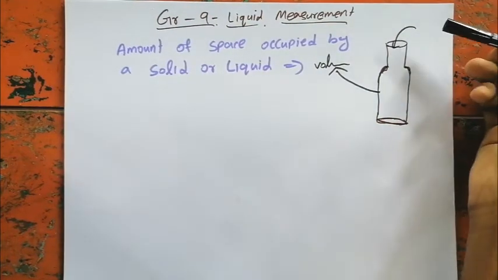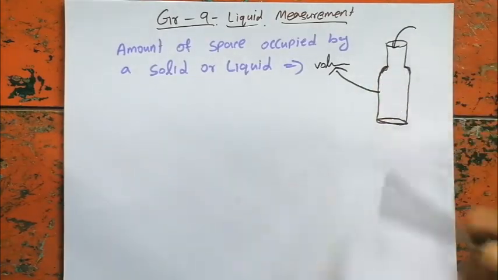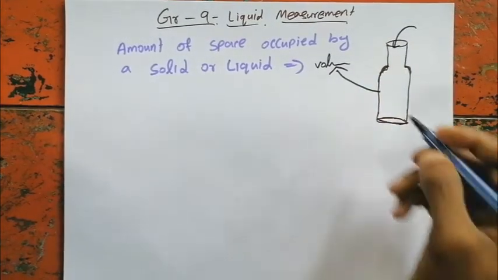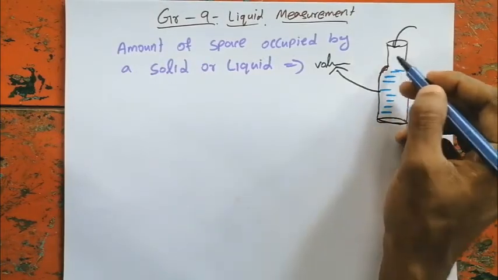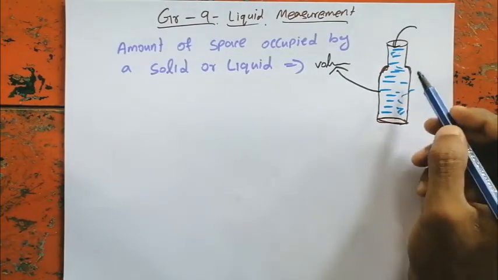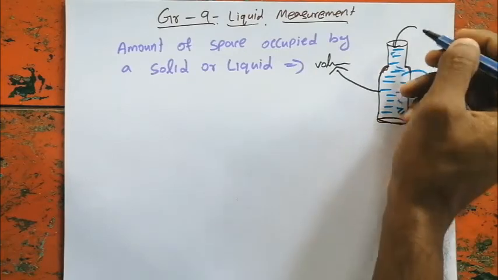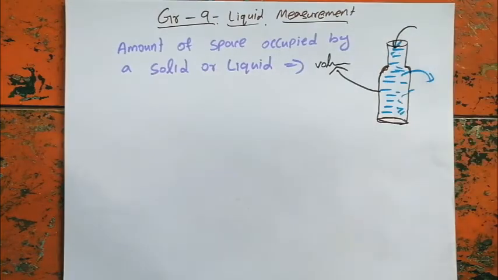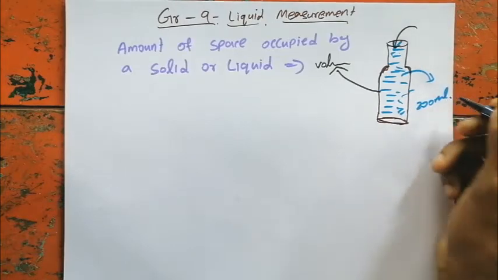Okay, so if you pour water, the empty space will be filled up with water. After that we can measure how much quantity of water we added. So let's take 200 milliliter.